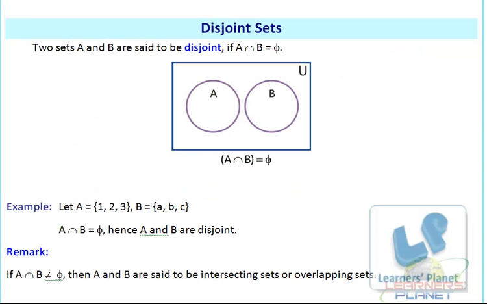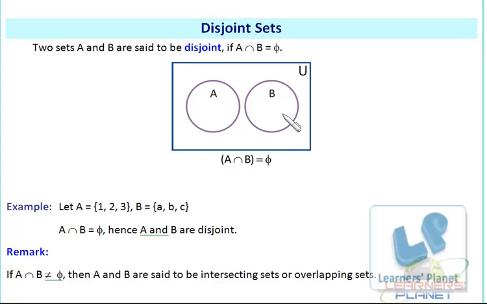Though we have already studied disjoint sets, let us have a quick recap. Two sets A and B are said to be disjoint if A intersection B is phi. That means no elements are common between the two sets. Here you can see the universal set that is represented by this rectangle, and we are having the set A and set B, and you can see there is no intersection between these two circles.